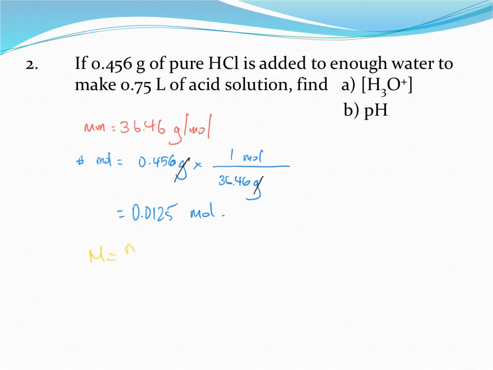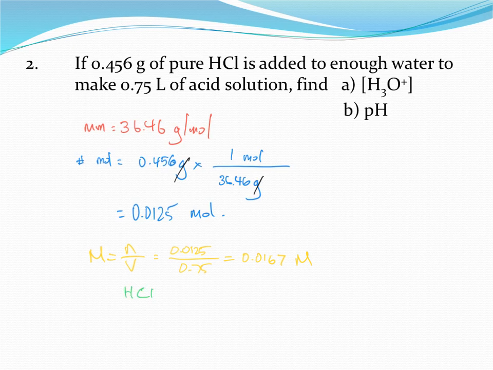We know that M equals n over V, so 0.0125 divided by 0.75, and what we're going to get is 0.016 repeated. So I'll say 0.0167 molarity.